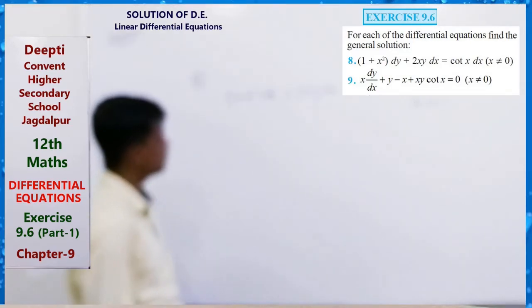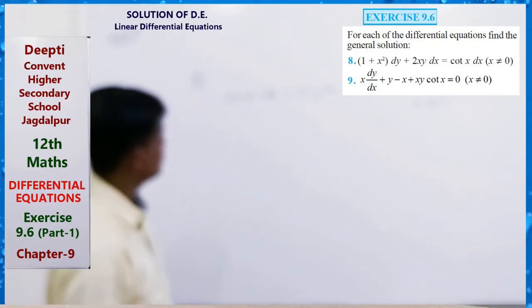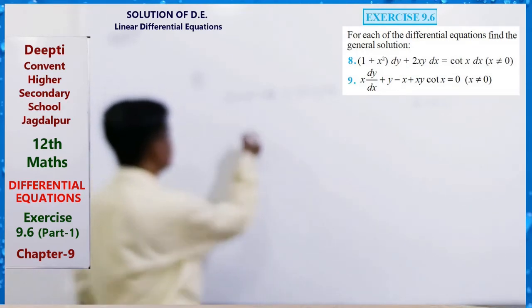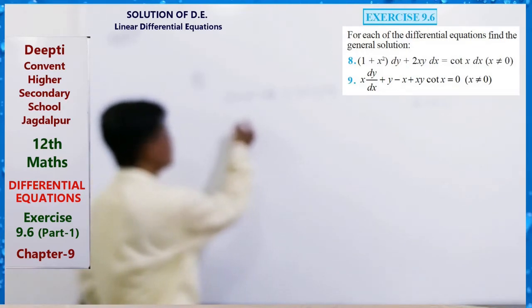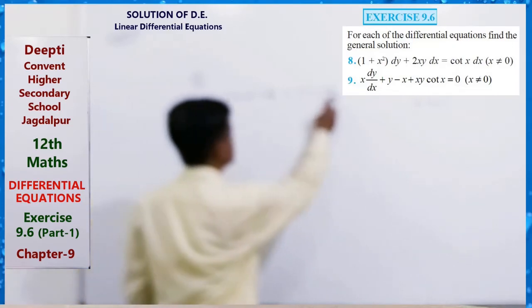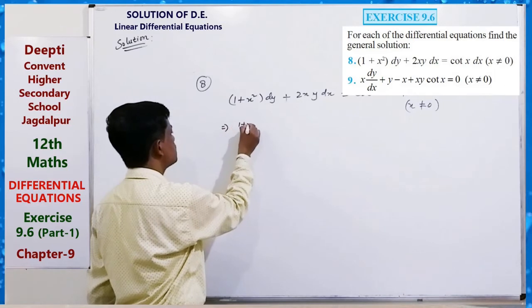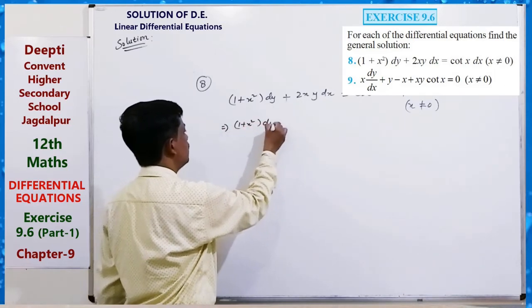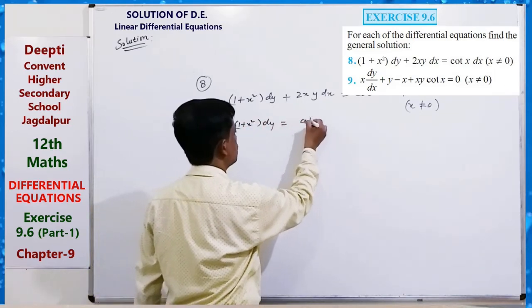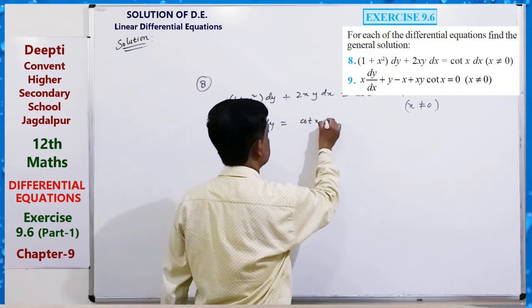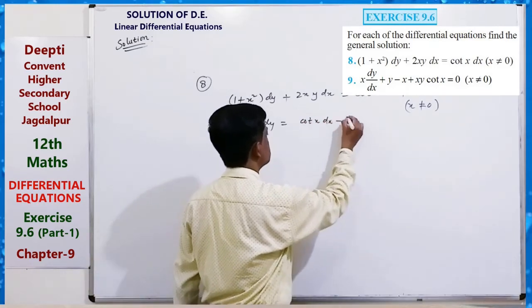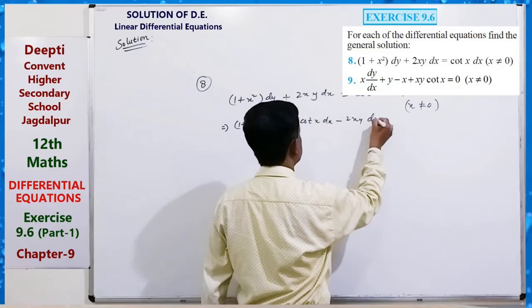So here we can also see it by finding the value of dy by dx. We can write 1 plus x square dy equals to cot x dx minus 2xy dx.